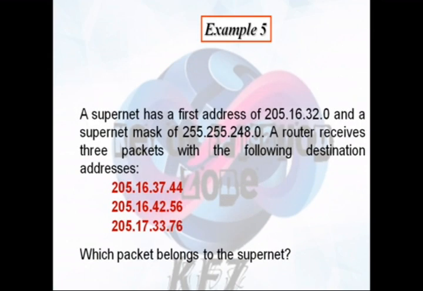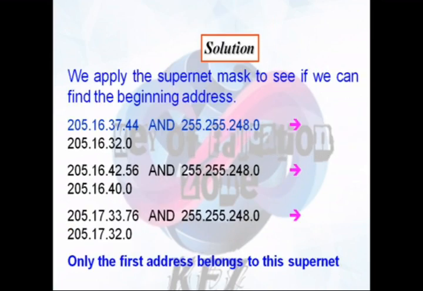Now see another example I am giving. Here we have three addresses: 205.16.1.17, 205.16.42.33 and 205.16.44.56. Now which packet belongs to the supernet? The first address of the supernet is given, and from there you have to find out.